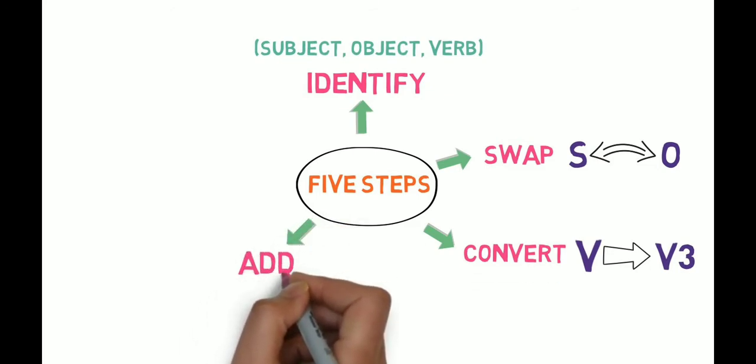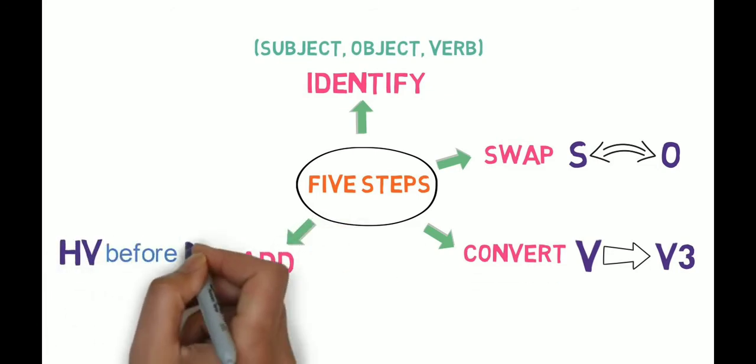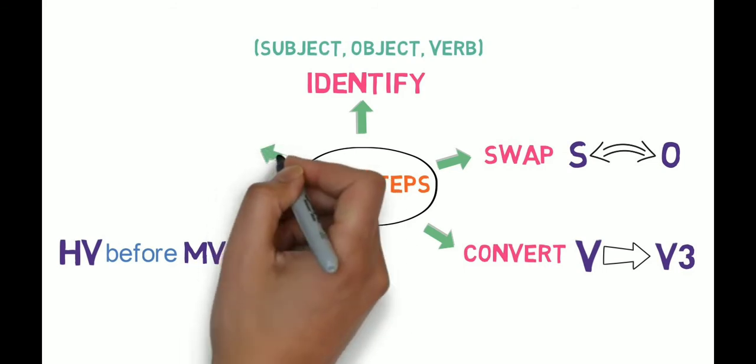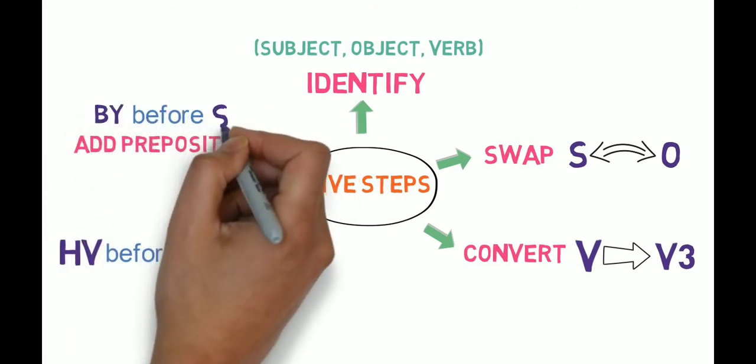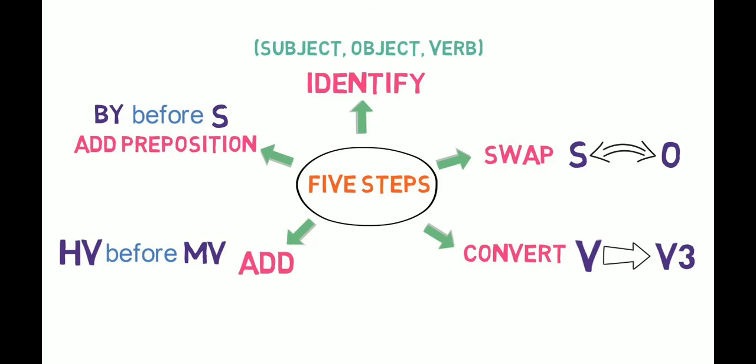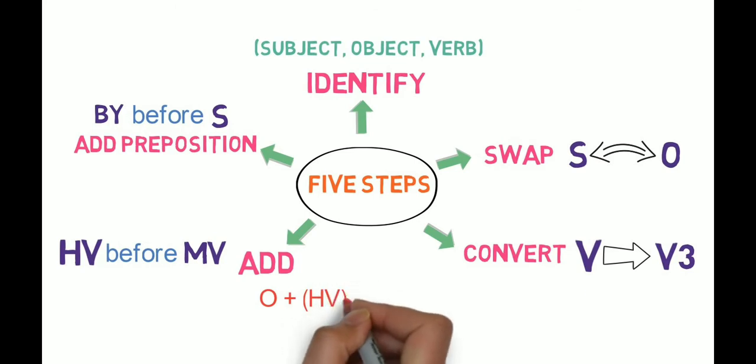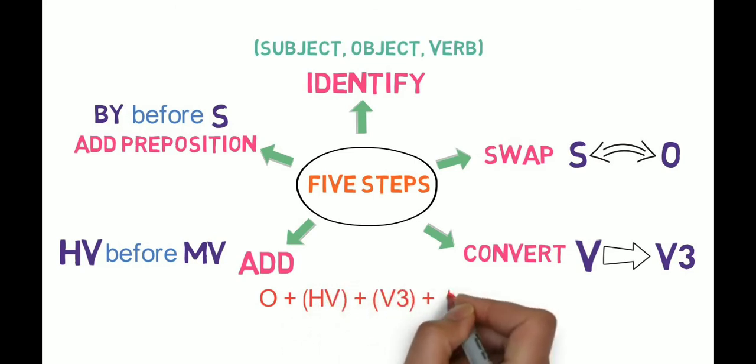Fourth, add a proper helping verb of to be before main verb. And fifth, add preposition by before the subject. So, at the end, the sentence structure of passive voice is object plus helping verb plus verb's third form plus by and then subject. These are the simple 5 steps which we need to follow.